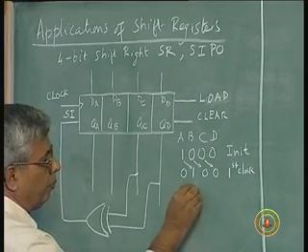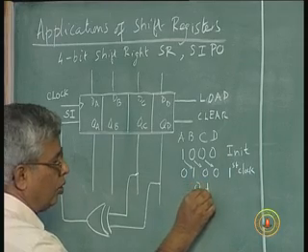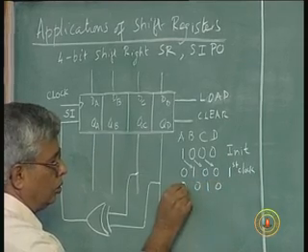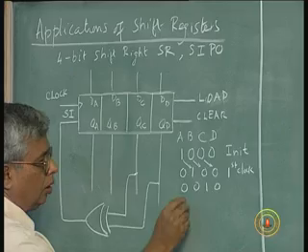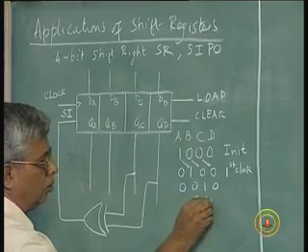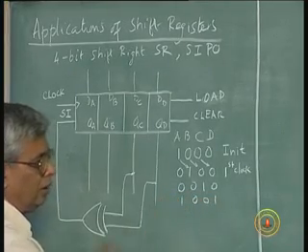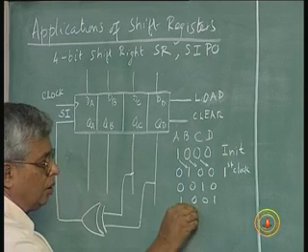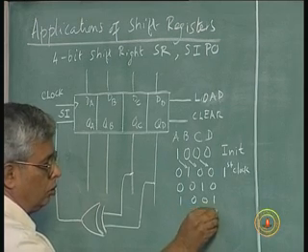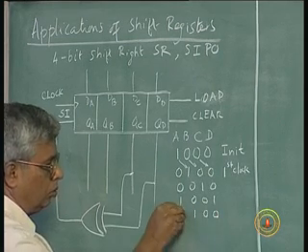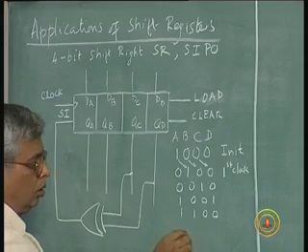This will become 0, 1, 0. This is also 0. After the third clock pulse, 1. Fourth clock pulse, fifth clock pulse.